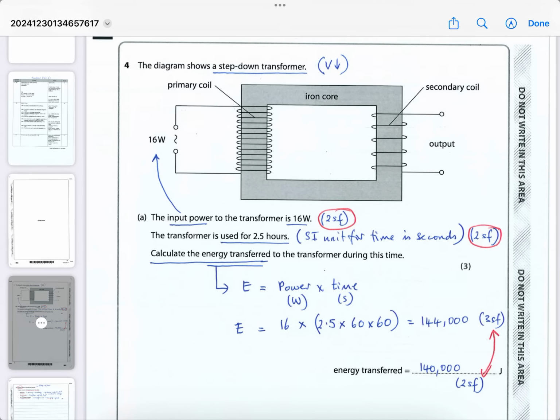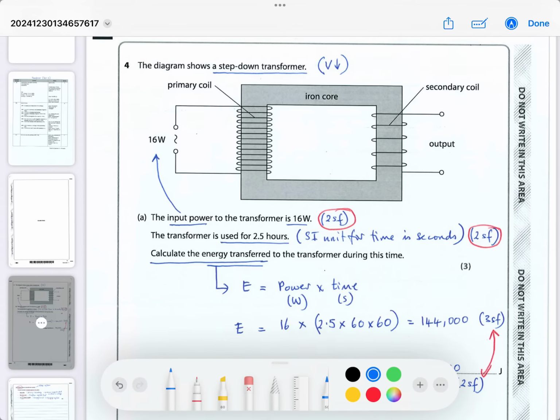So a step-up transformer has a number of parts which basically are the primary coil, yeah? So if you think of the primary coil as the coil on your left, and then there's a secondary coil on the right.